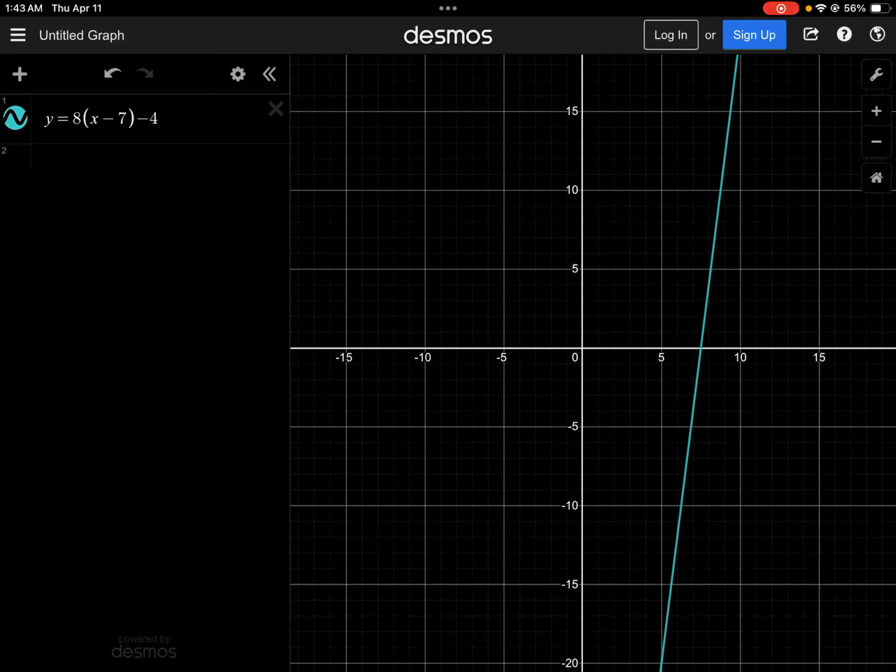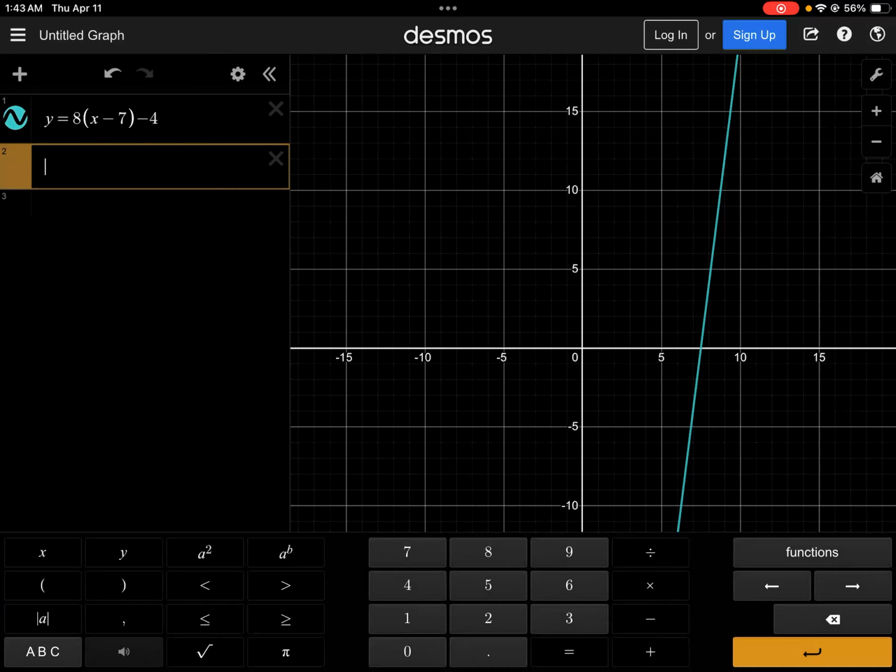Now what do I do? Well, I want to get the slope-intercept form, and there is a way to do it. I can ask my graphing calculator to do it, but I have to use the squiggly.